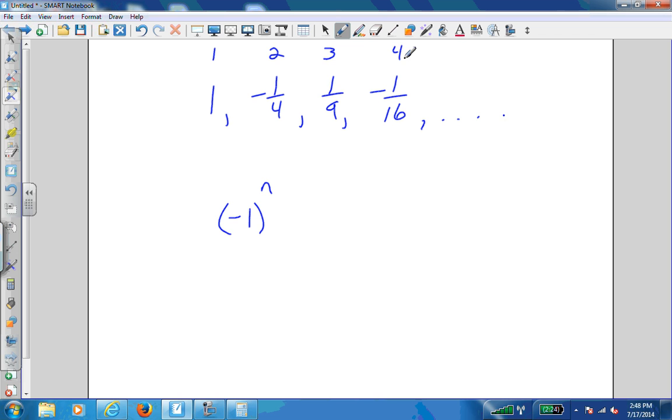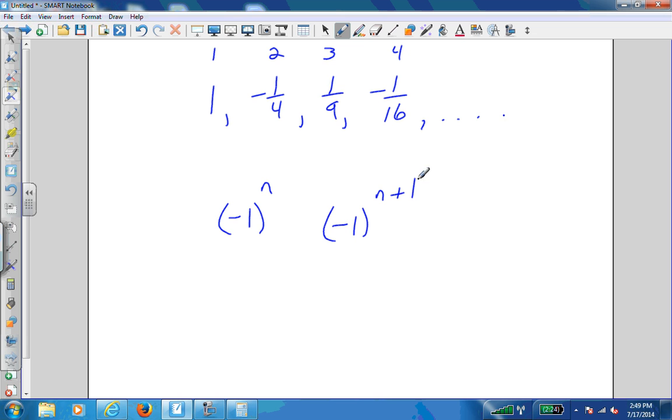Usually there are two variations we use: either -1 to the n or -1 to the n plus 1. If we look at this version, if we put a 1 in, that'd be -1 to the first, which is -1. If we put a 2 in, that'd be -1 squared, which is positive. -1 to the third is negative. So that gives us the opposite of what we need. We're basically out of sequence.